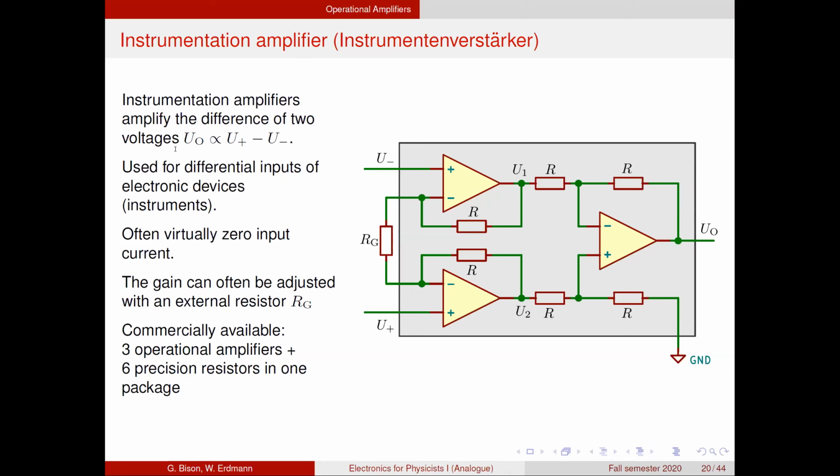So it's, for example, used as an input circuit for an instrument. That's why it's called instrumentation amplifier. Where, for example, you have a BNC connector on the front panel of your instrument, and you want the difference between the ground and the shield and the pin, the center potential of this coaxial cable, to be the input. Yeah, and there it's a good idea to have such an input amplifier.